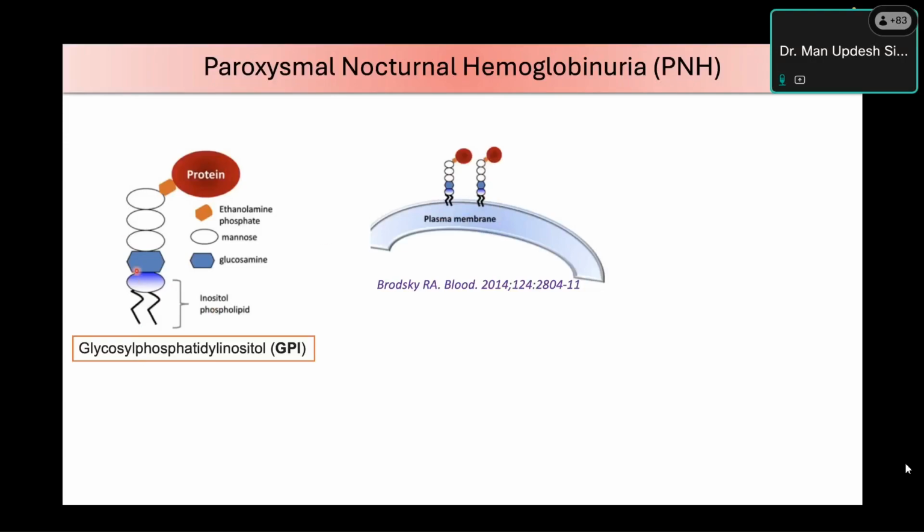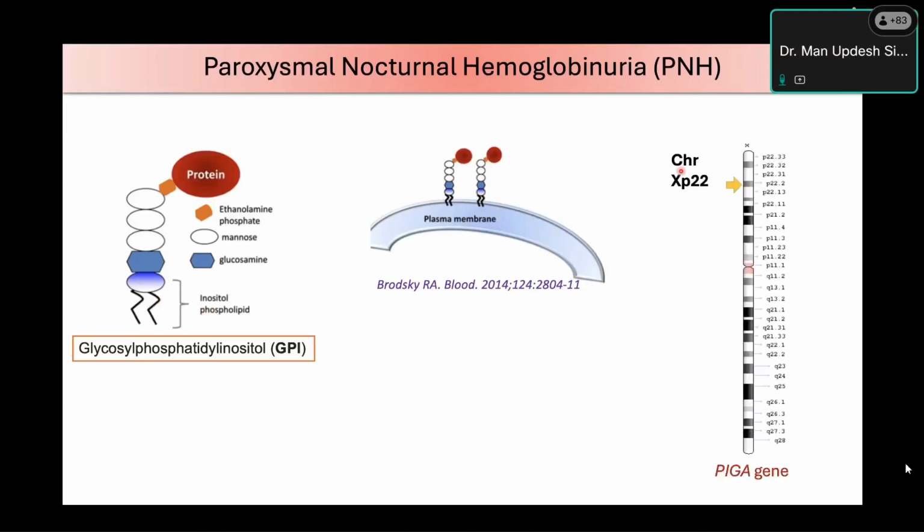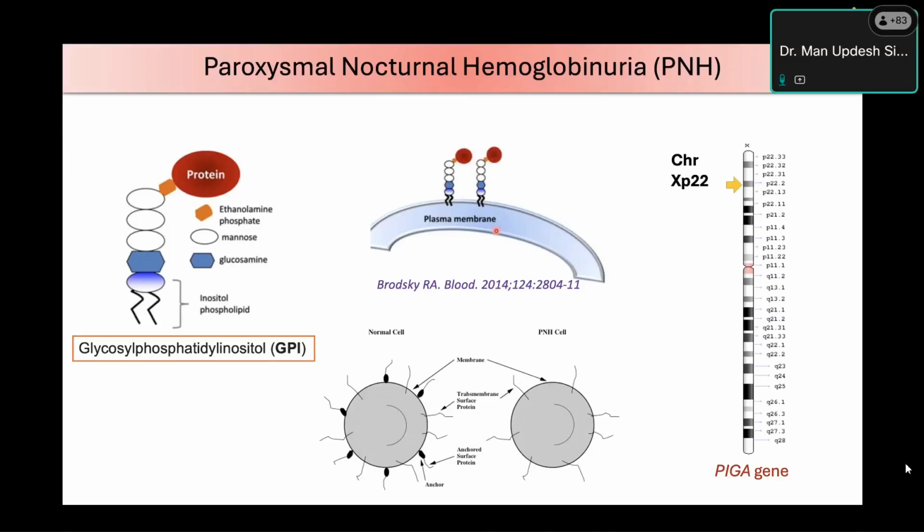So if the mutation lies in the PIGA gene on the short arm of the X chromosome, then you will not have this anchor on the surface, and you will not have this protein on the surface either. There are many proteins which are anchored with GPI on the cell membrane, so if the anchor is missing, you will see that the protein itself is missing. In RBCs, the proteins which are missing are generally CD55 and CD59, right, which prevent complement-mediated hemolysis of the RBCs, right?